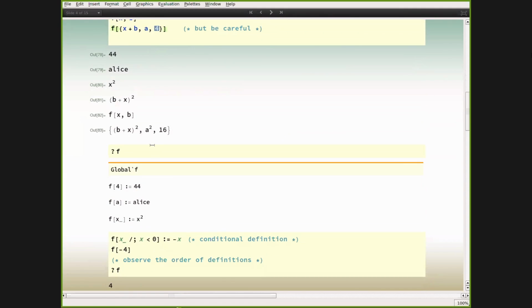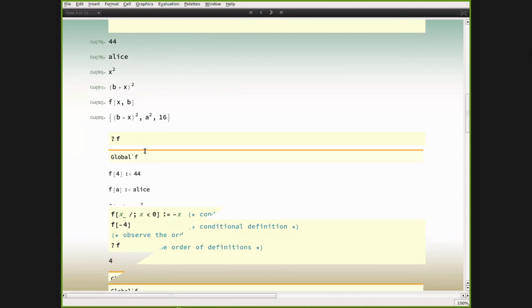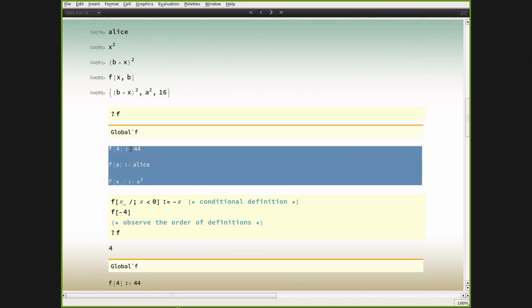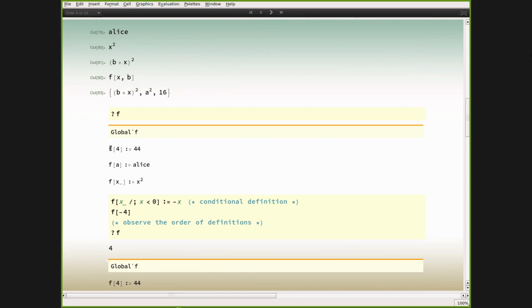Let's look closer at our function f, how it is. It is said that there is a global function f which has 3 elements of the definition. We always start with the more specific ones, computed at some point or at some ranges, and then we go to the more general definitions.